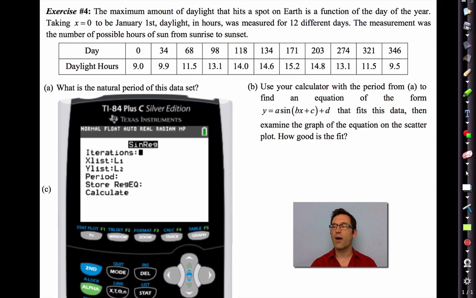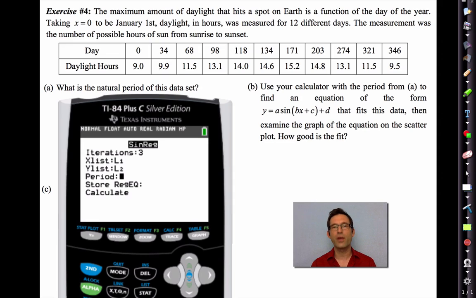All right. Now, the iterations we're going to keep at 3. The x list we're going to continue to have as L1. The y list we're going to continue to have as L2. But now, because the data is not evenly spread out in the x list, the problem becomes that we have to put the period in.